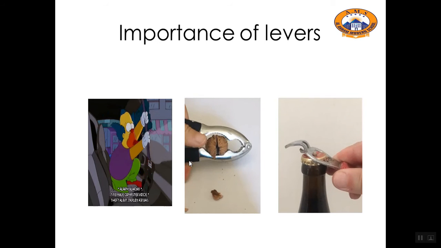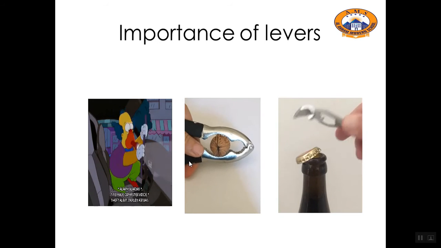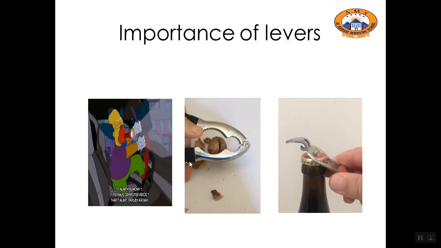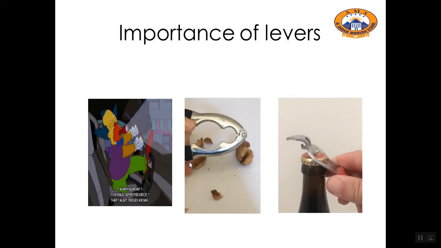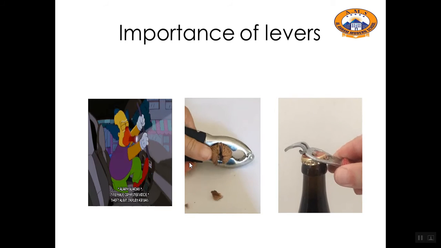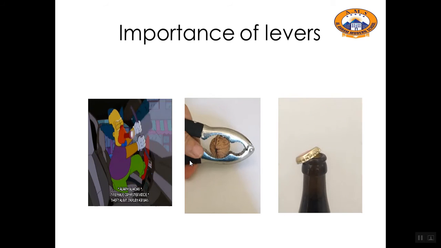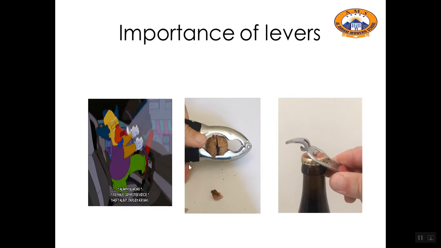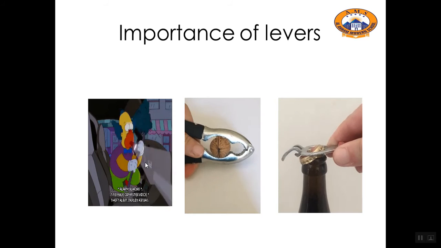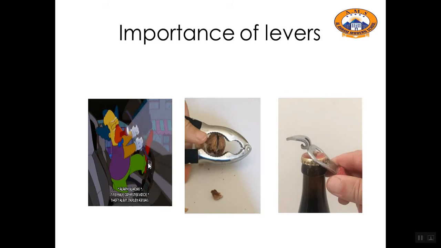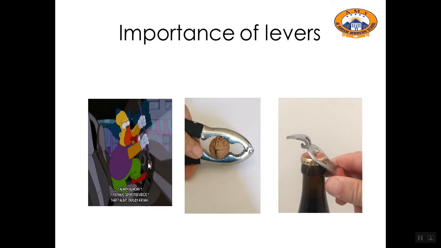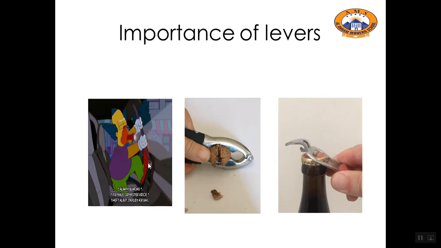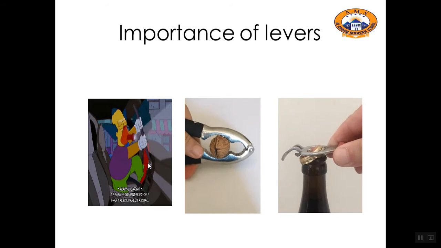The nutcracker, if we cut it with our hand or with our teeth, it will be so hard. So we use the nutcracker to cut it more easily. Even the crowbar, see the crowbar? We use the crowbar to make a small effort to produce a great effort. So one of the importance of the levers is increasing force.